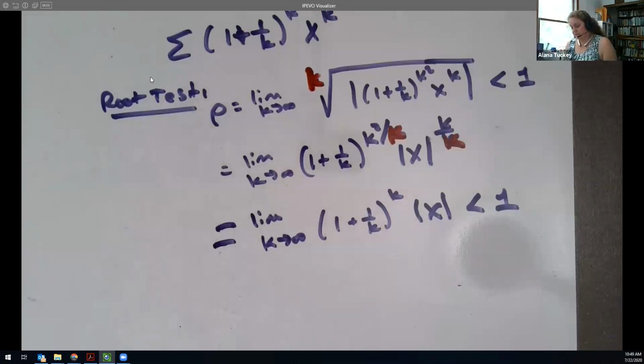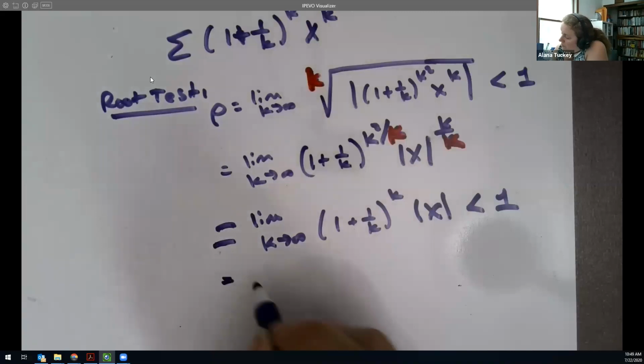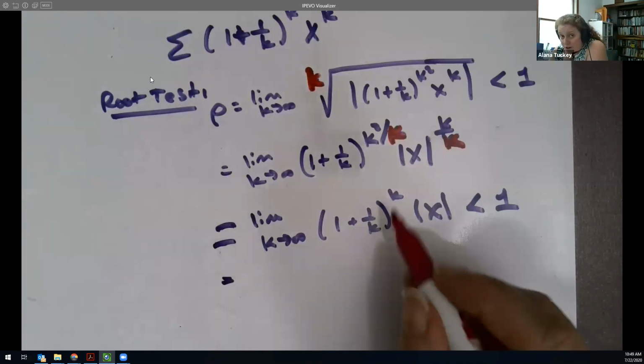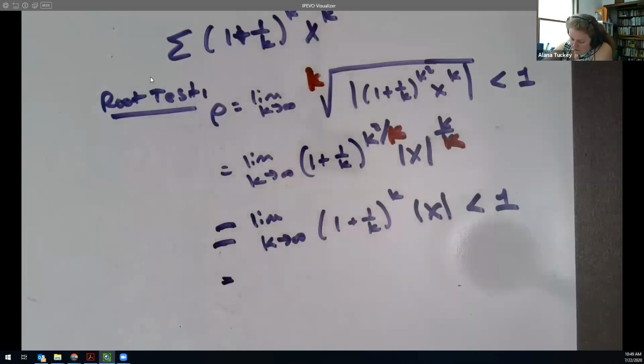So let me break this up. Let me do this. I can do it this way. So if I look at this form, maybe I should have given you guys more space on this. If you don't know it off the top of your head, because you should, but if you don't, that's okay. This is, hey, a 1 to the infinity.